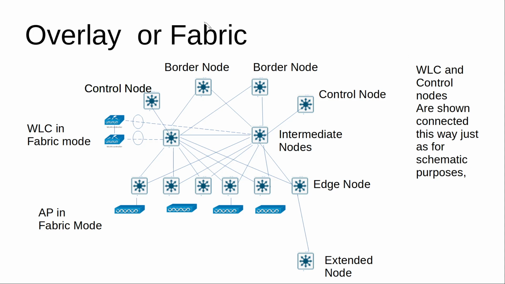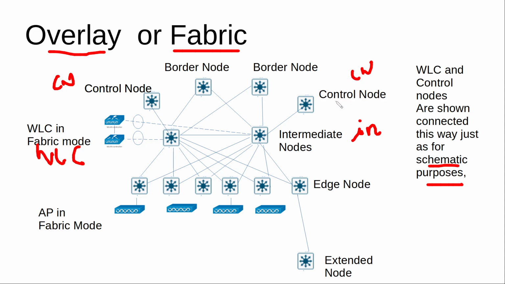Remember that these terms are used interchangeably, overlay and fabric. And in these diagrams, I'm going to show the control nodes and the wireless LAN controllers directly connected to intermediate nodes just for schematic purposes.